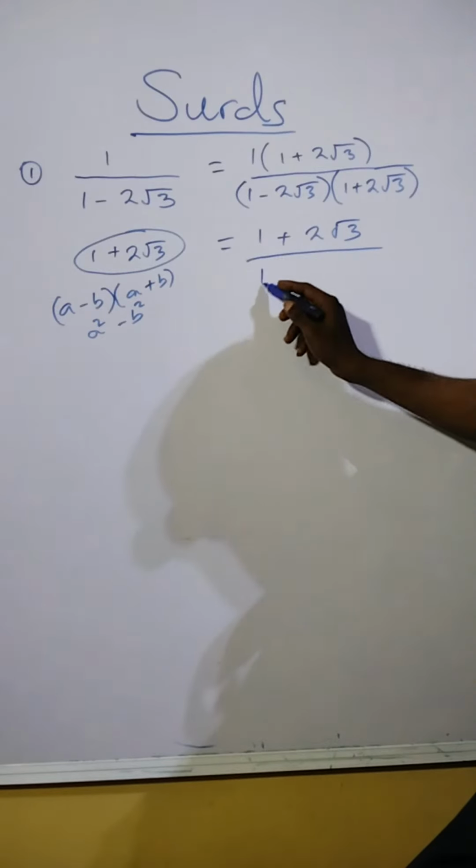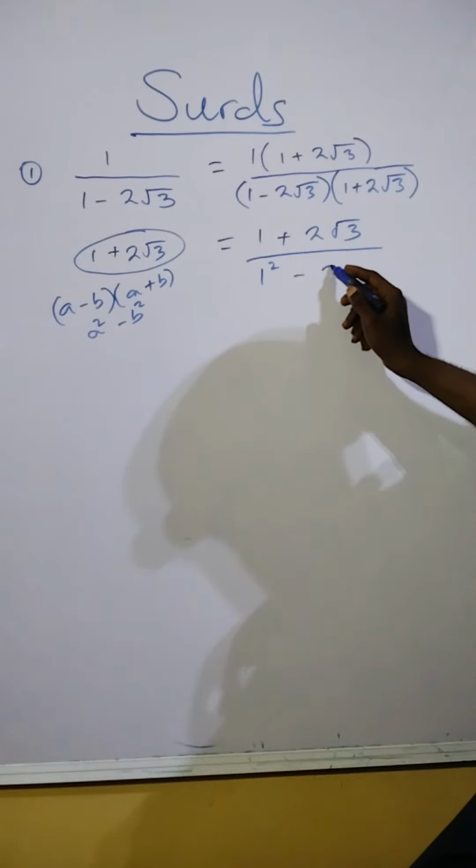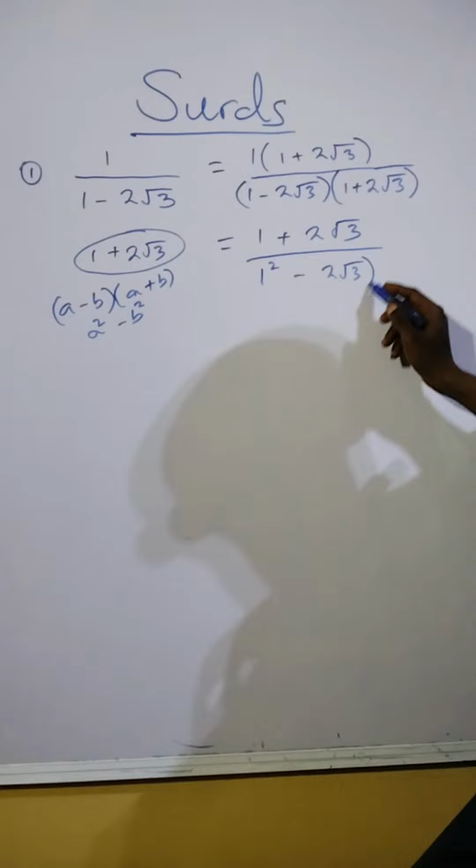Then here a is 1, that is, we have 1 square minus b is 2 root 3, that's 2 root 3 all squared.